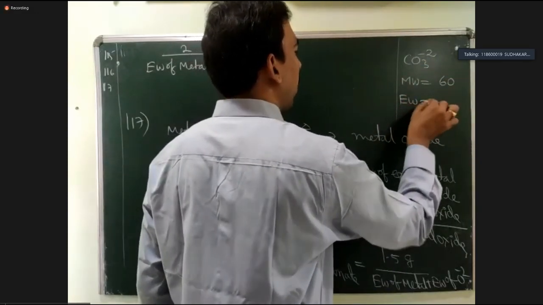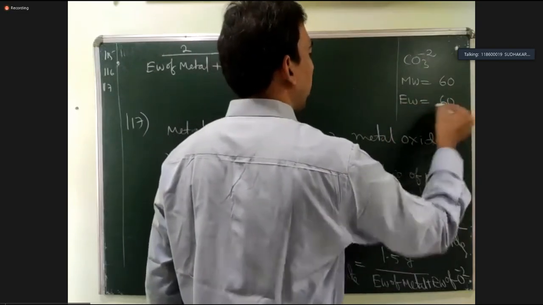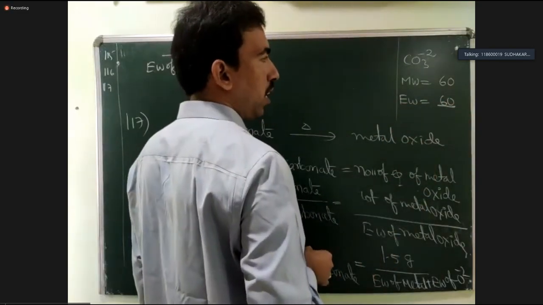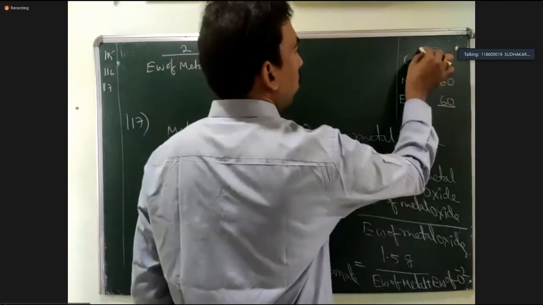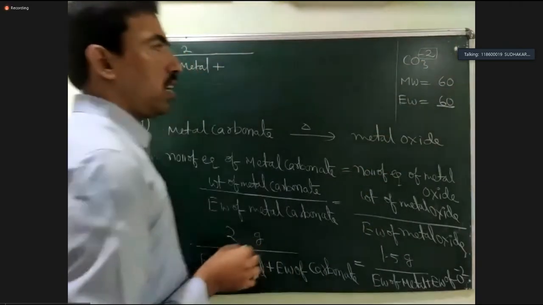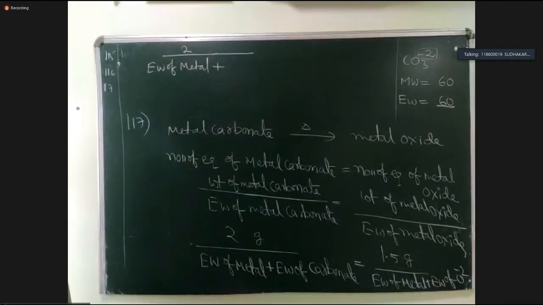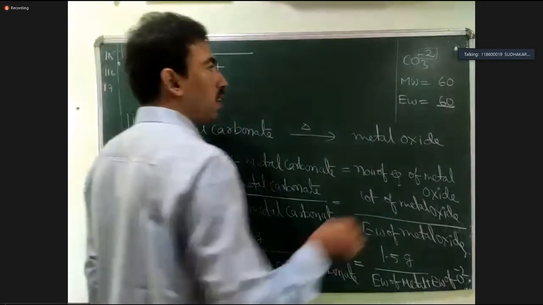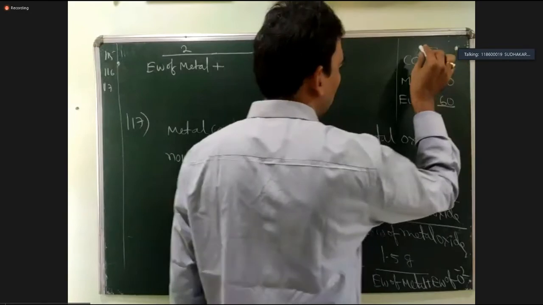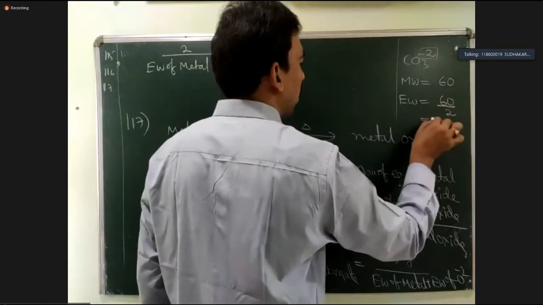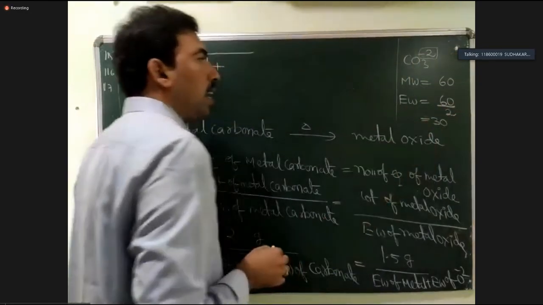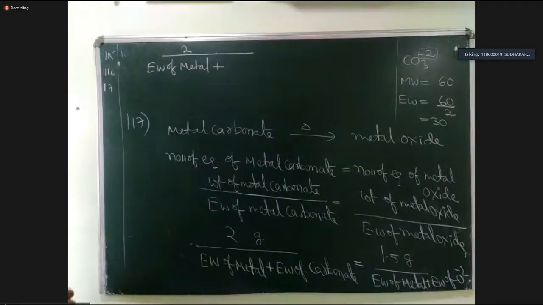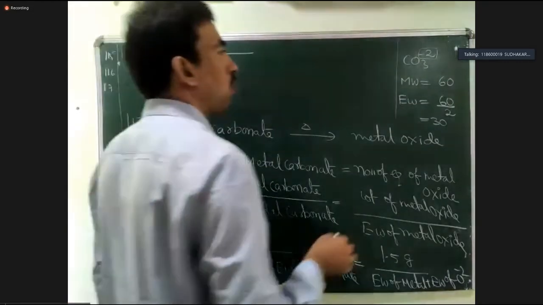Equivalent weight is equal to molecular weight 60 by the n factor. What is the n factor? The n factor of carbonate, CO3 minus 2, is 2. So 60 by 2 is 30, the equivalent weight of carbonate. The CO3 minus 2 ion is called carbonate.